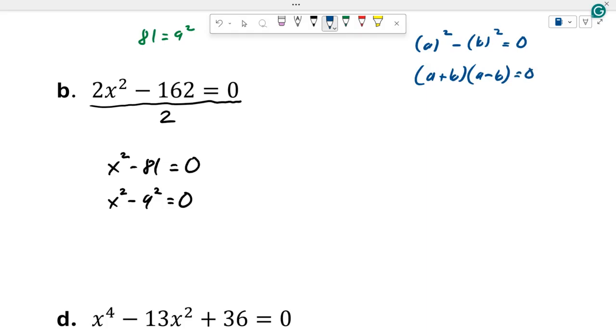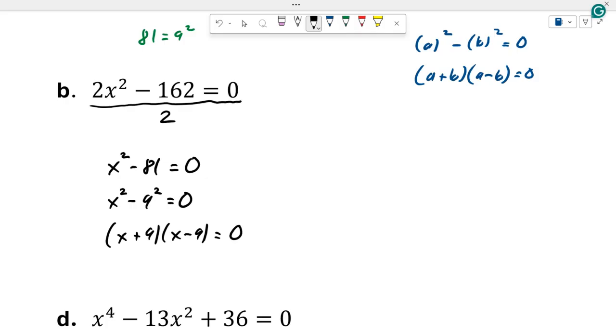Difference means the result of subtraction, so we're subtracting one square number from another, and it factors into this a plus b, a minus b form. For this question, we have x squared minus 9 squared, so I can factor that into x plus 9 and x minus 9.